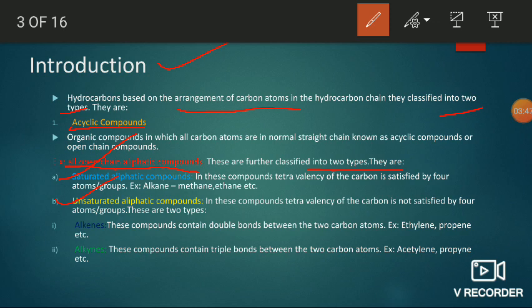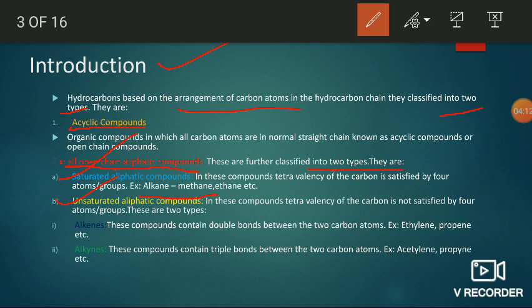The best example for saturated hydrocarbons or saturated aliphatic compounds are alkanes, for example, methane, ethane, etc. In the case of unsaturated aliphatic compounds, the compound generally contains multiple bonds between the carbon atoms.